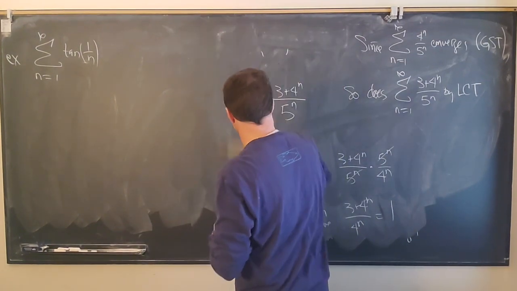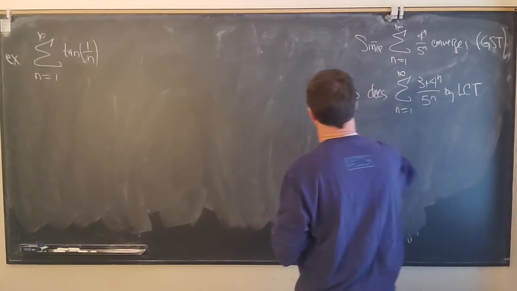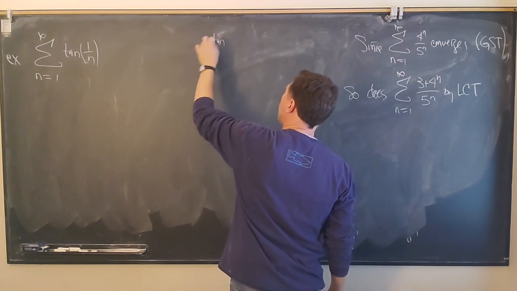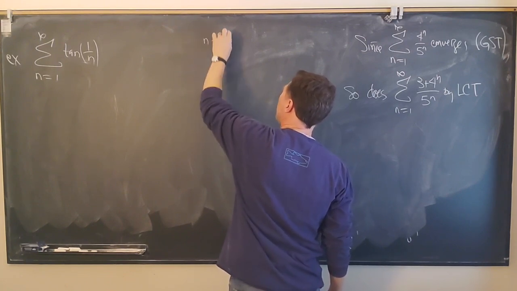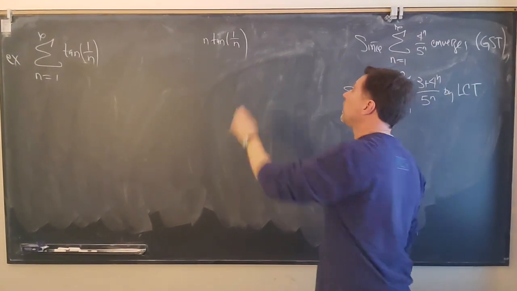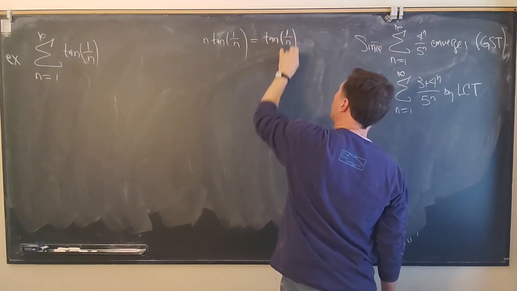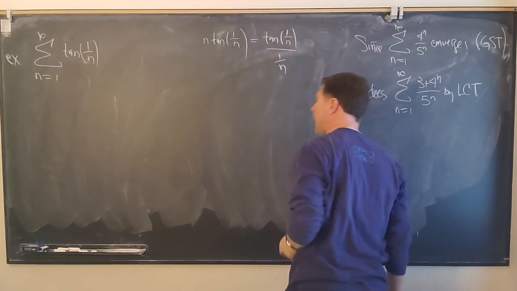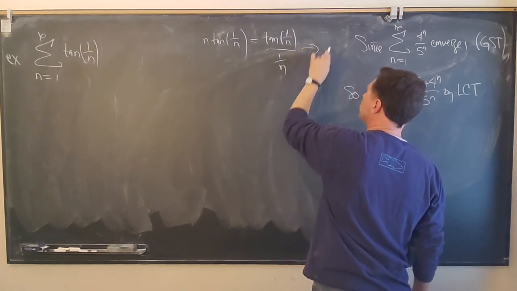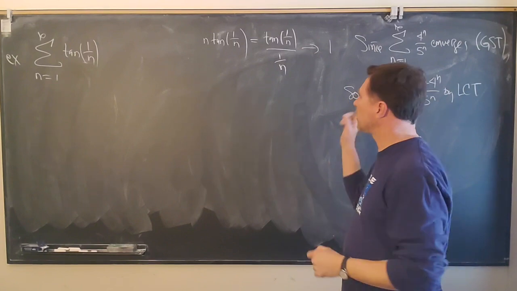But what you want to remember, and I think I had this on the quiz last time, I think I started it off like this, n times tangent of 1 over n. And that can be written as tangent 1 over n over 1 over n. And on your quiz, you showed that this limit is equal to 1. Yeah, that's right, this was on a quiz.